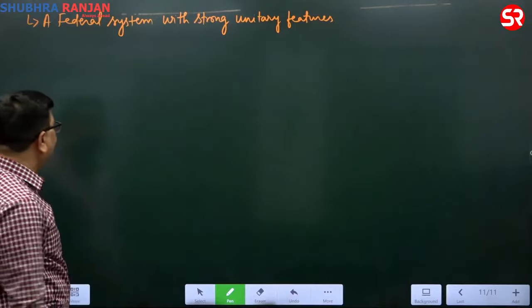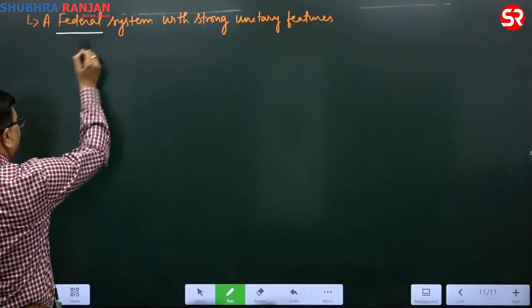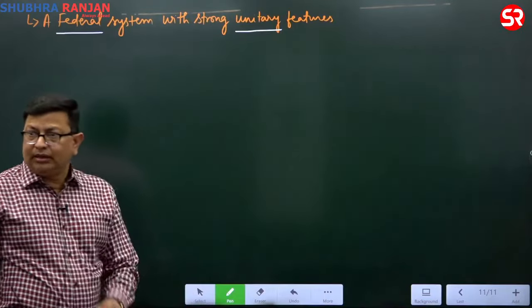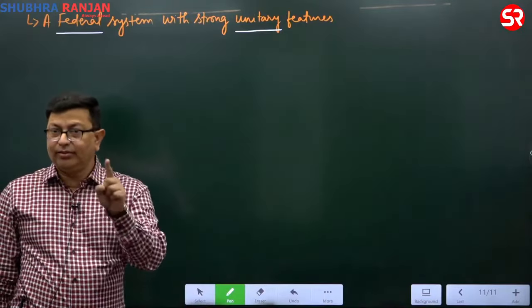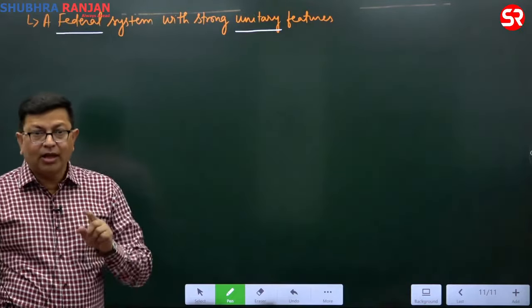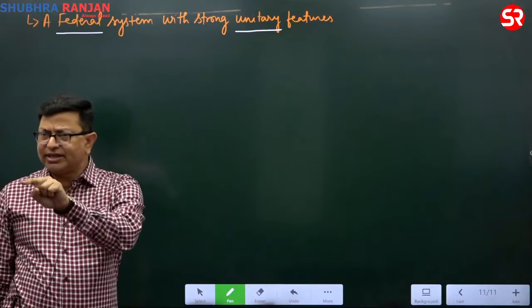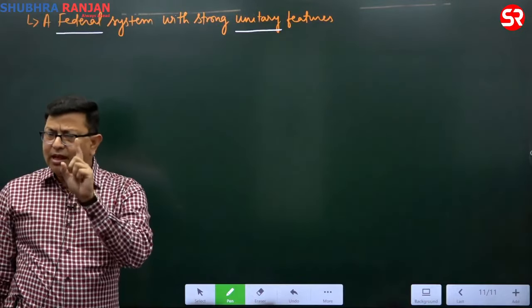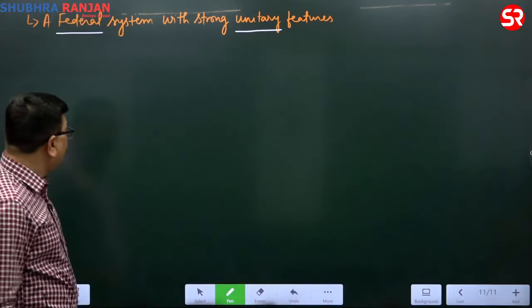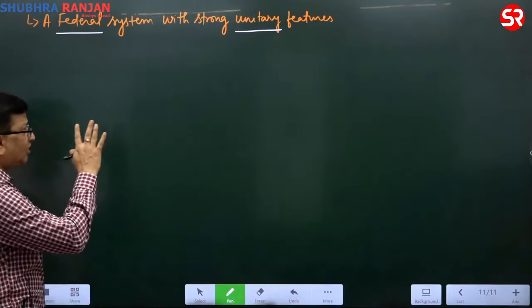Here you see two words, federal and unitary. This is also a political system that we need to understand. One is the parliamentary system and the presidential system, which are political systems; then there is the unitary system and the federal system. Now, what is the basis of this classification?